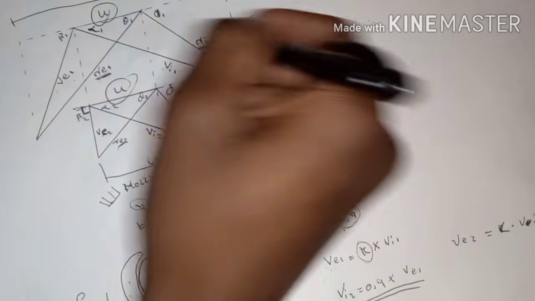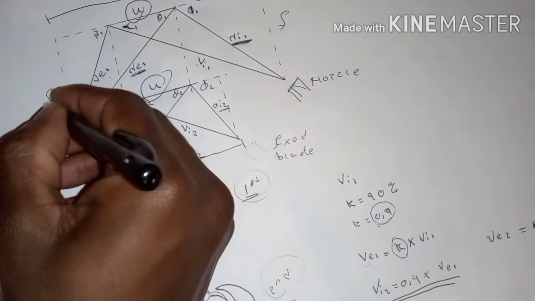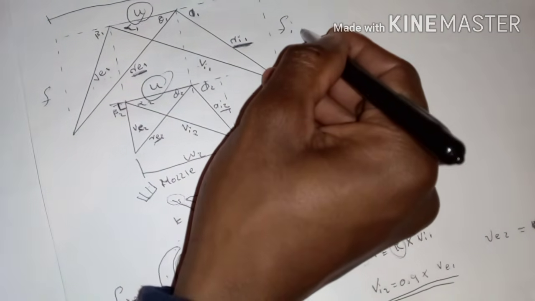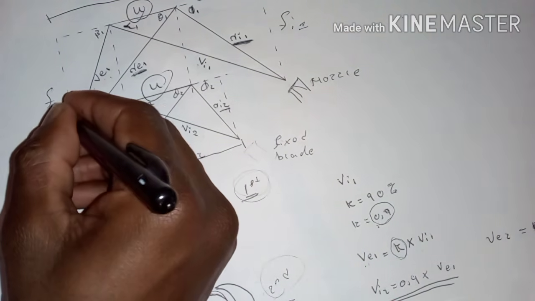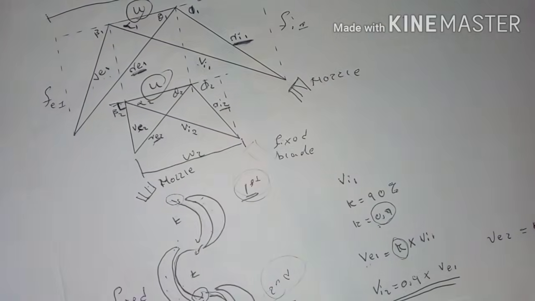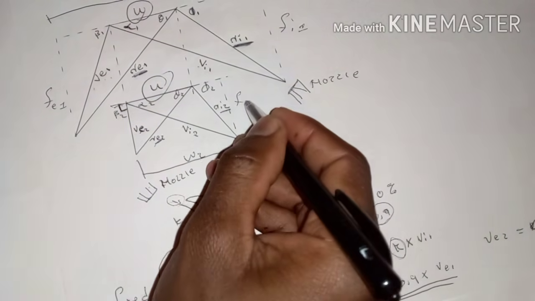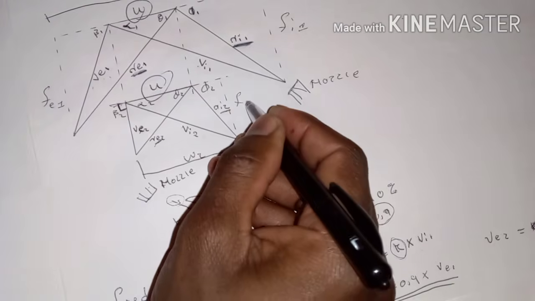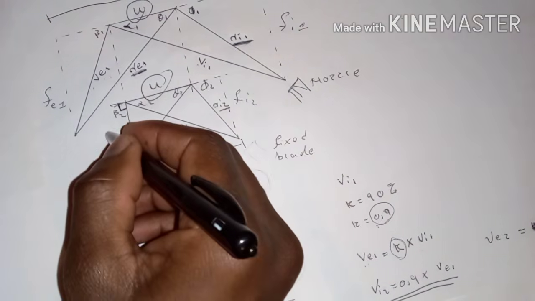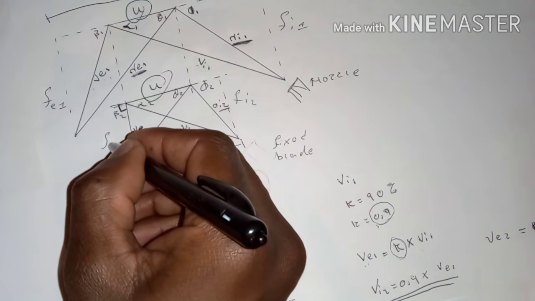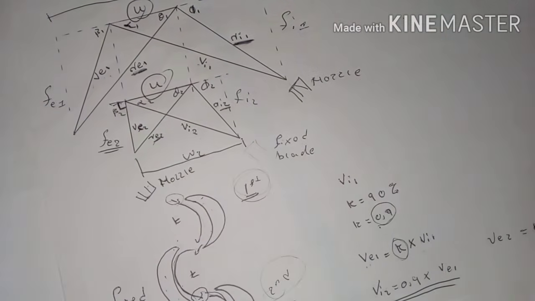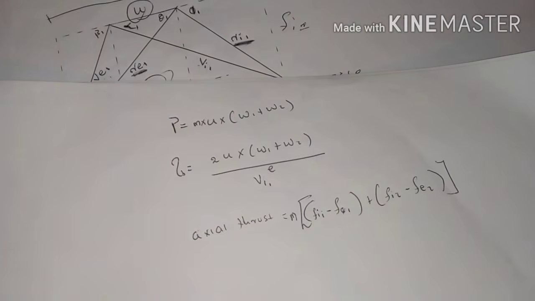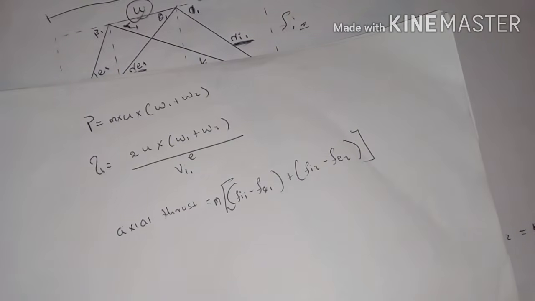The first velocity of flow is the initial, number 1, because we're dealing with the first stage, and this will be the exit, still number 1. Then the velocity of flow here is the initial number 2, and this side is the exit number 2. So that is where we get our velocity of flow.